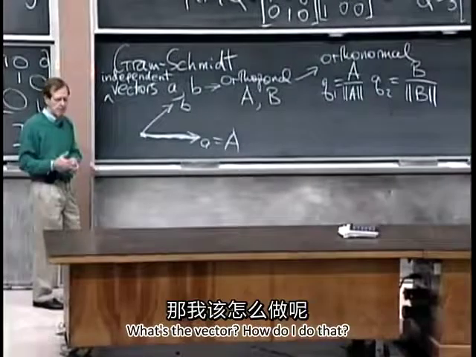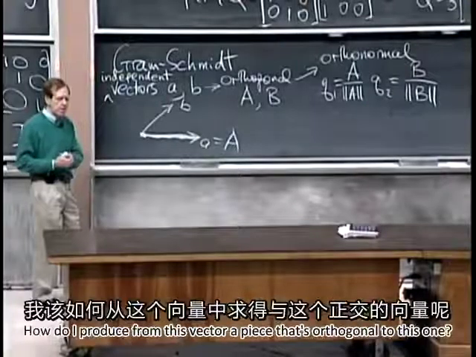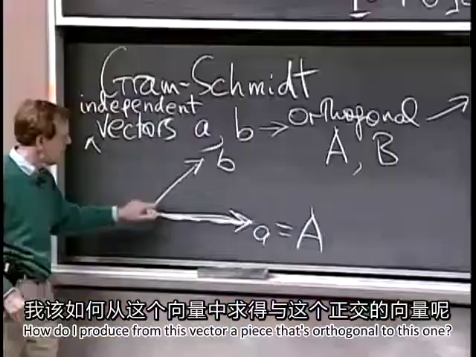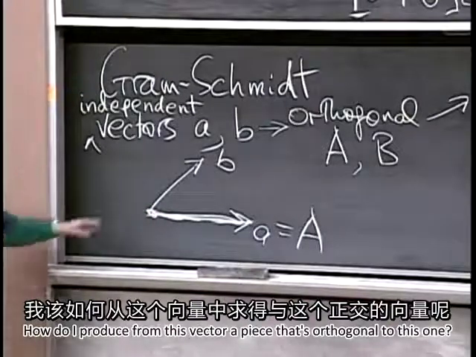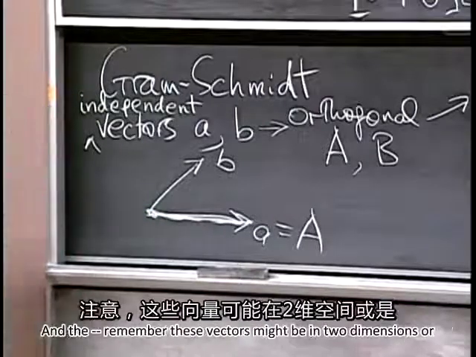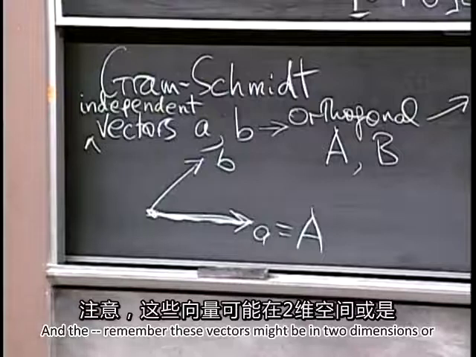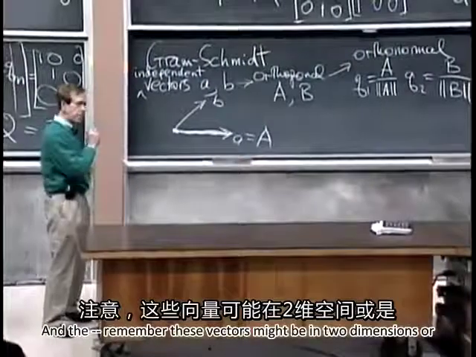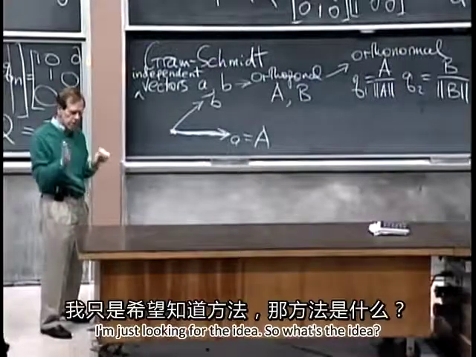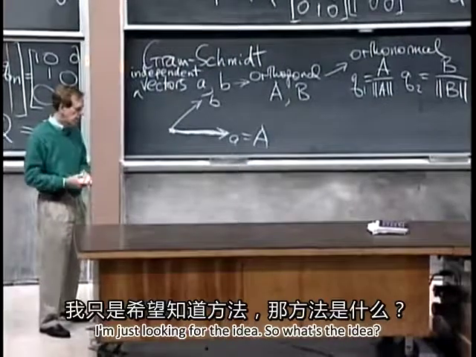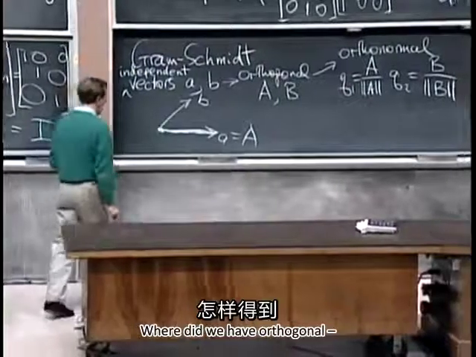What's the vector? How do I do that? How do I produce from this vector a piece that's orthogonal to this one? And remember, these vectors might be in 2 dimensions or they might be in 12 dimensions. I'm just looking for the idea. So what's the idea?